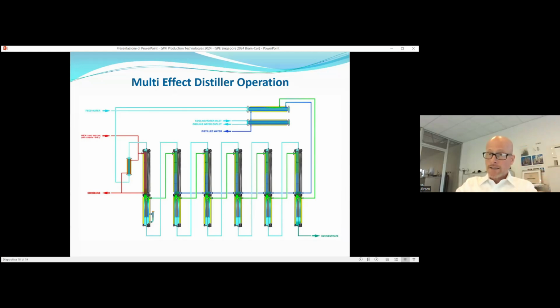That will create, again, dry pure steam to heat up the PW in the third column, and so on. It means that, as we were saying before, this machine is using every column, every effect of the technology in order to reduce the consumption of industrial steam, optimizing the efficiency.